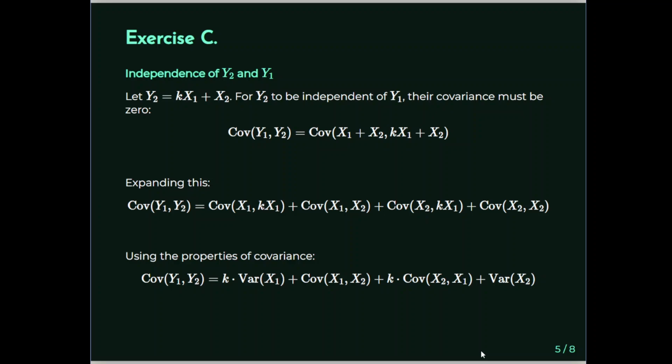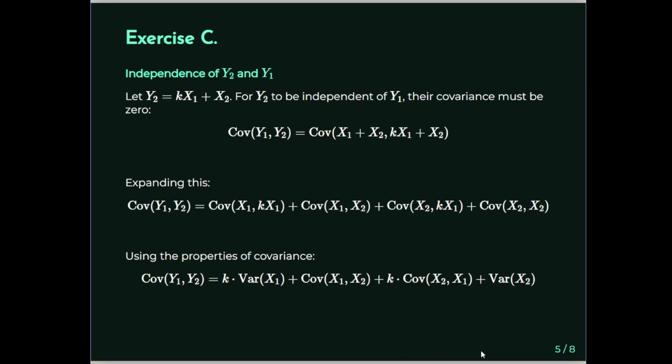That is equal to the covariance of the first term y1 with each component of the second term. So we have the covariance of x1, kx1, and then the covariance of x1, x2, which is the second component of the second term.